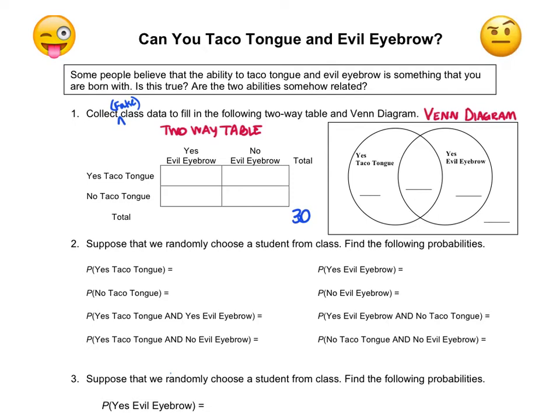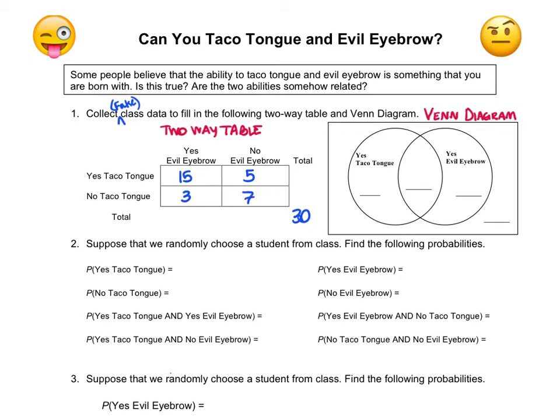Let's say there are 5 students who can do the taco tongue but not the evil eyebrow. And there are 15 students who can do both. Let's say there are 3 students who can do the evil eyebrow but cannot roll their tongue in the taco tongue format. And there are 7 students who can do neither.